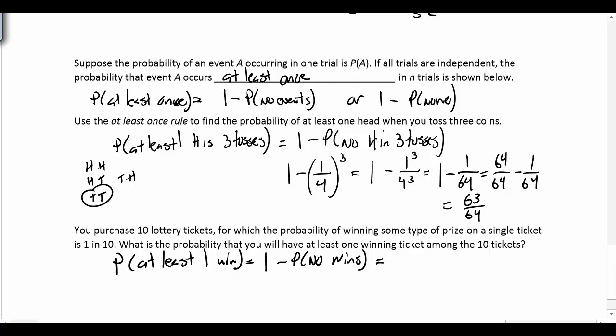If the likelihood of winning is 1 out of 10, then the probability of no win is 0.9. And then I want to take that to the 10th power, because we're doing this for 10 tickets in a row.